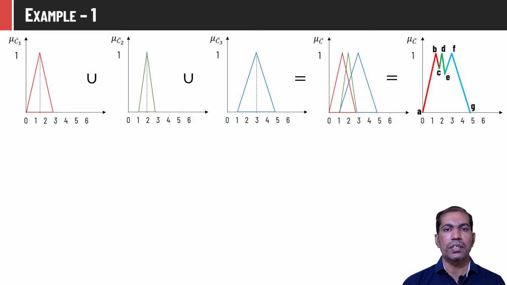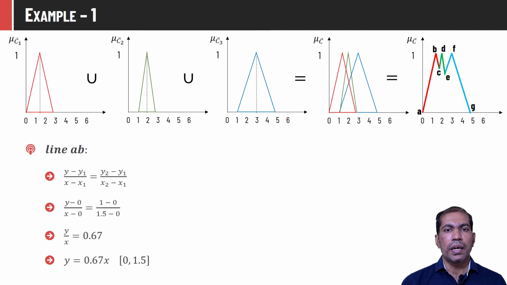To compute the equation of line AB, we have to consider this line where x1, y1 represents 0, 0 and x2, y2 corresponds to 1.5, 1. Here, x1, y1 and x2, y2 correspond to the two endpoints of the line.